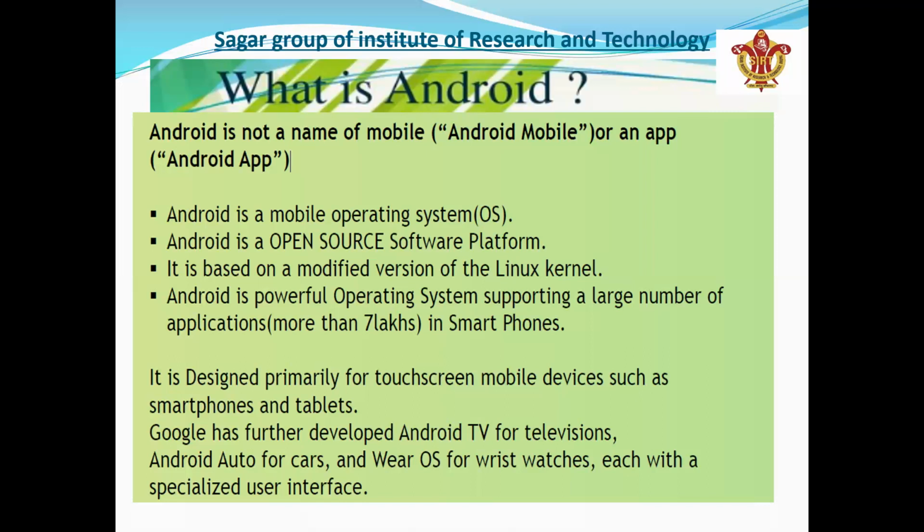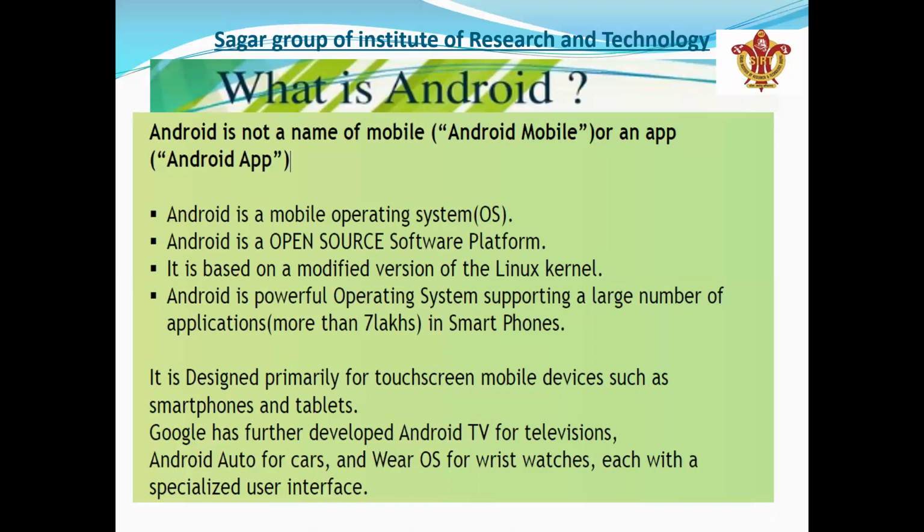Google has further developed Android TV for televisions, Android Auto for cars, and Wear OS for wristwatches, each with a specialized user interface. It means in the future Google will develop Android operating systems in the TV, in the mobile phone, in the wristwatch, in cars, and many other things. So this is the future of Android, right?